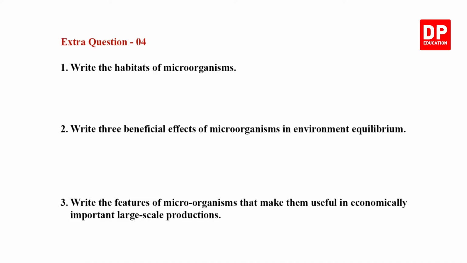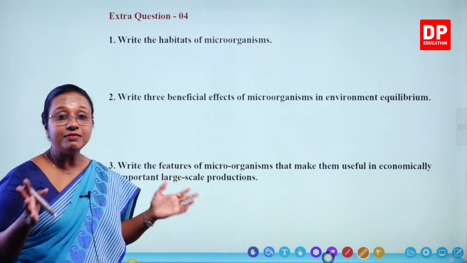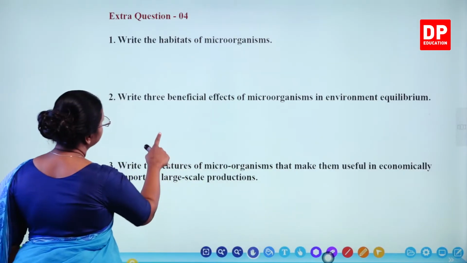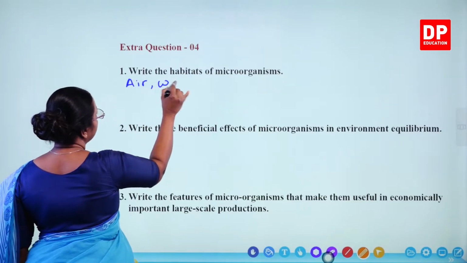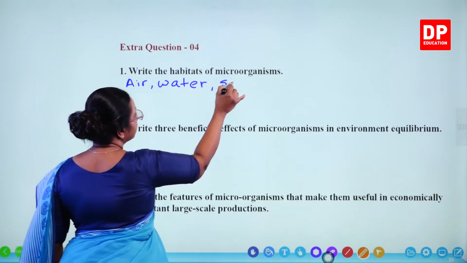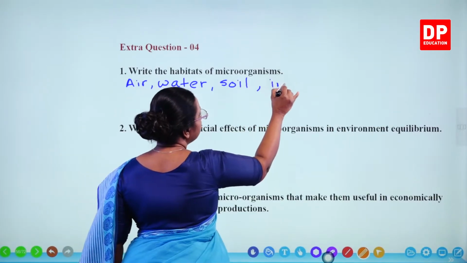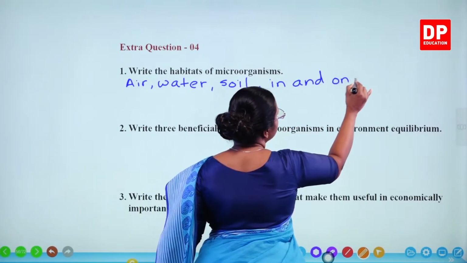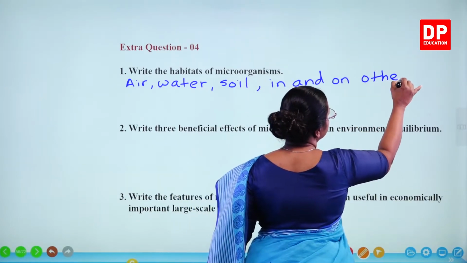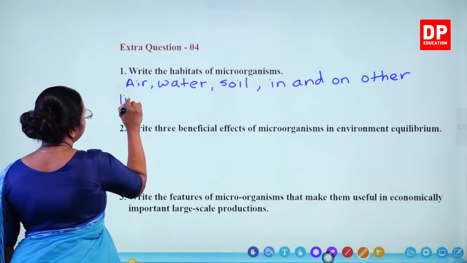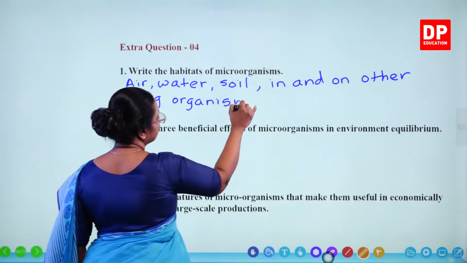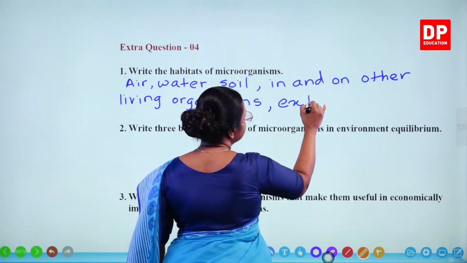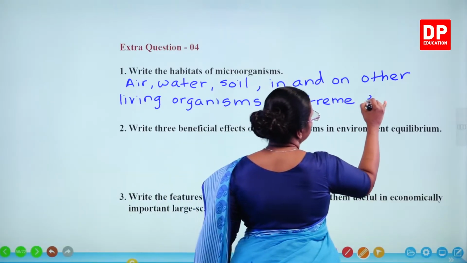Extra question 4. Write the habitats of microorganisms. Very easy. They live everywhere. So what should you write there? You can say air, water, soil, in and on other living organisms and extreme environment.